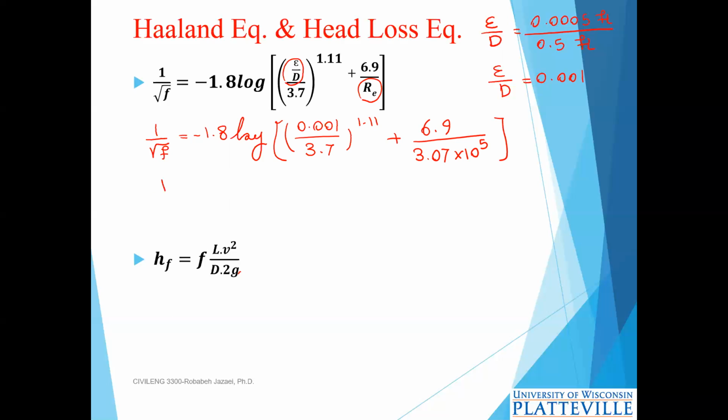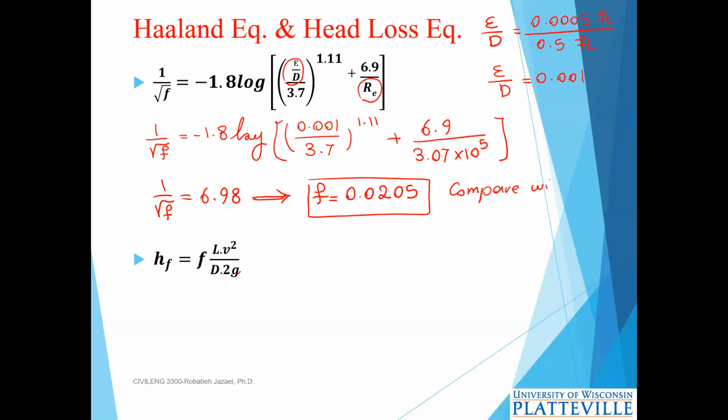All right, now 1 over root of f is 6.98. From here, I use the calculator and find friction factor. Okay, friction factor is 0.0205. Friction factor is usually a very small number. Now you can compare with the friction factor from Moody's diagram.